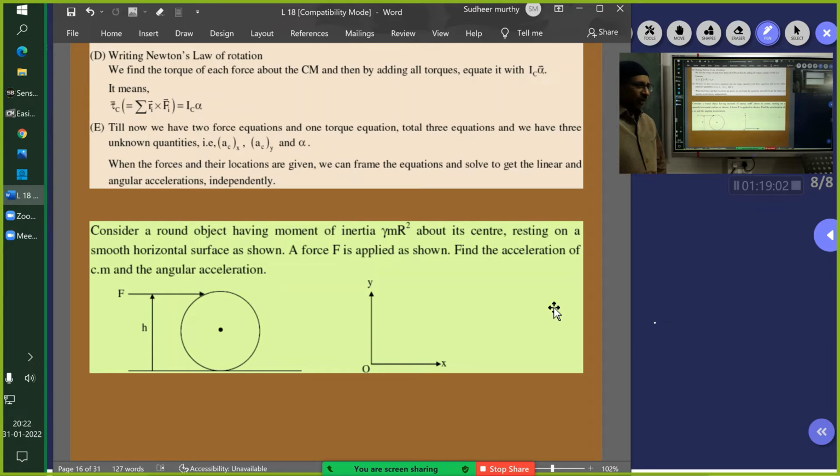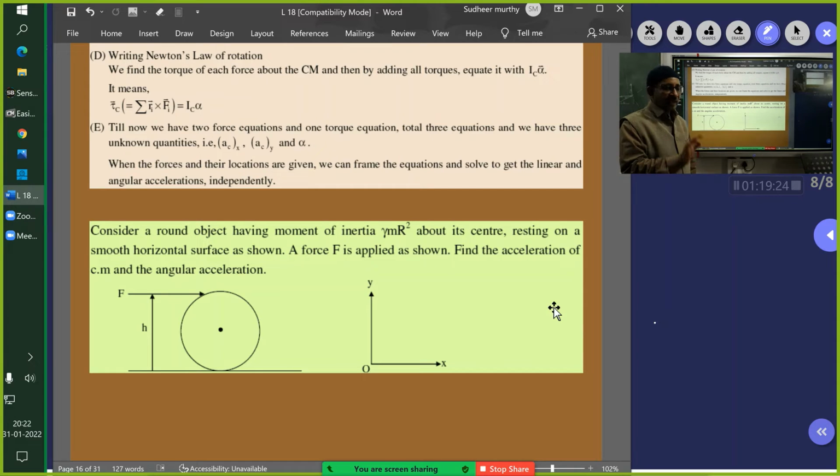Okay. All of you are pausing. I will tell you. Now, friends, see. If the force vector is passing through the center of mass, then you have to consider only the translation mass or inertia of a translation.